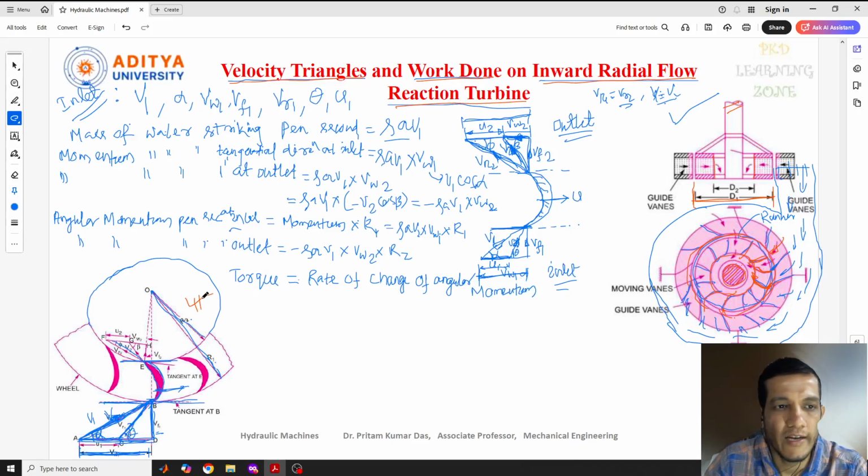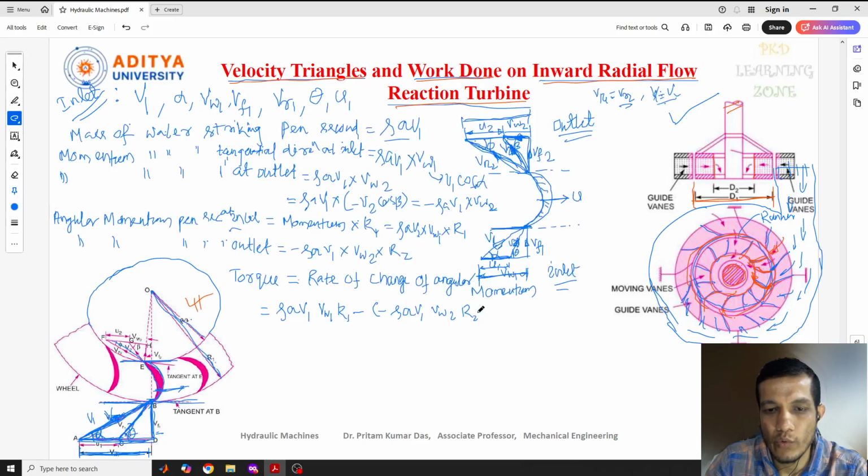We have already calculated the inlet angular momentum and the outlet angular momentum. The rate of change of angular momentum is the initial angular momentum per second minus the final angular momentum per second. So the initial is rho a V1 into VW1 into R1 at inlet condition, minus the final one, rho a V1 into VW2 into R2.